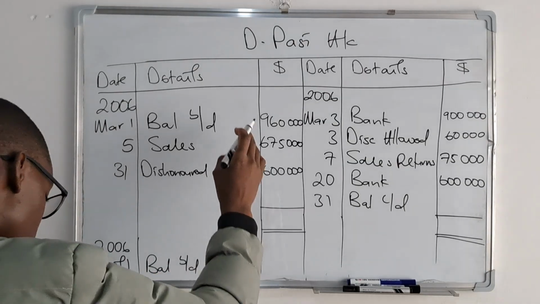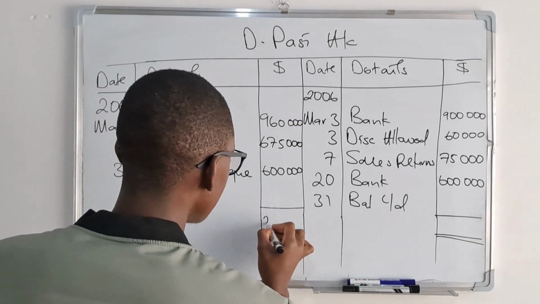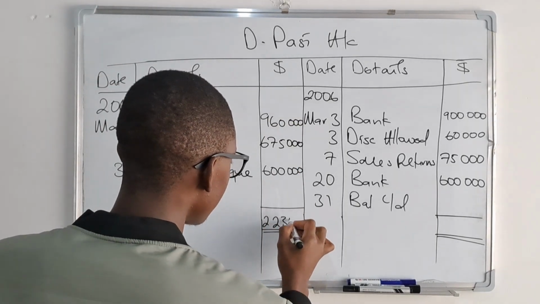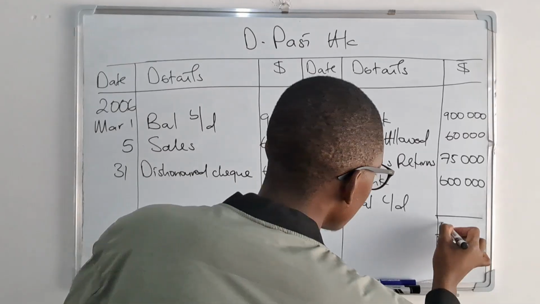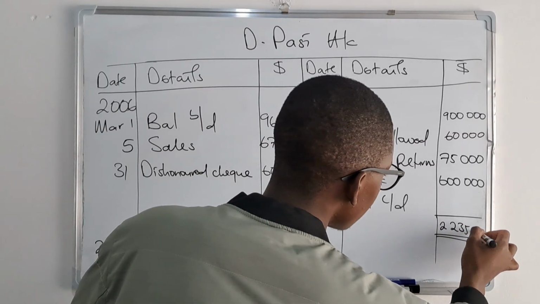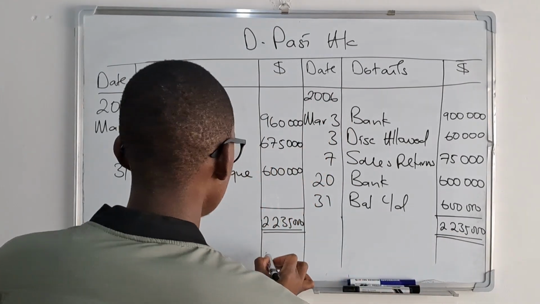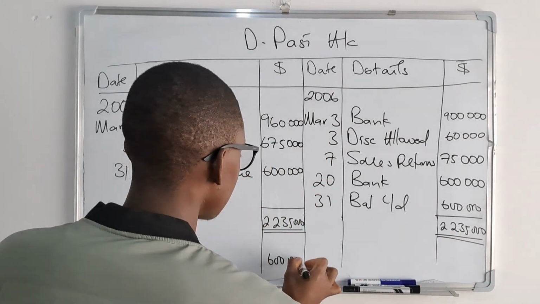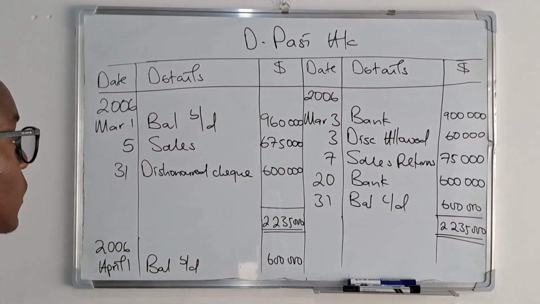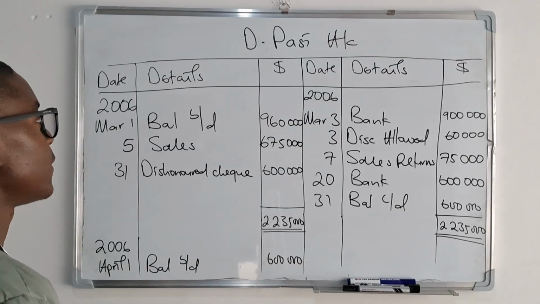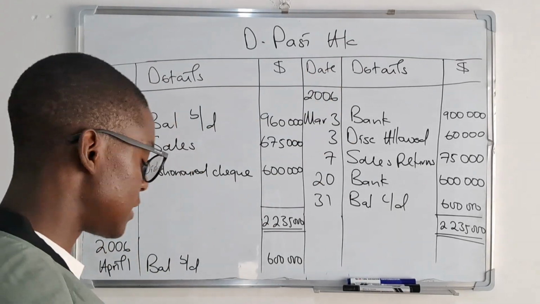You add all these figures. If you add this side, you get 2,235,000. Then our balancing figure is 600,000. That's how we record a trade receivable, D Parsi's account.